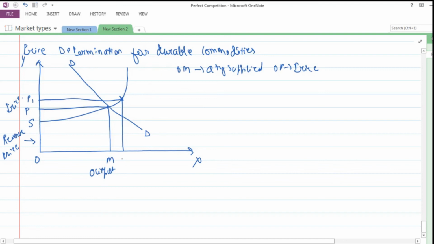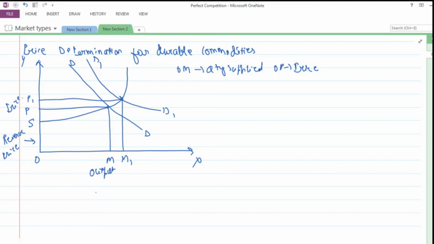So at OM1 and at OP1 price, the entire stock is being offered for sale and the demand curve which is created is D1 D1. Okay, यहाँ पे हमारा D1 D1 demand curve create होता है. Price determined at OP, OP से यहाँ पे price आपकी ऊपर चली जाती है P1 की तरफ, because you are putting more supply into the market.